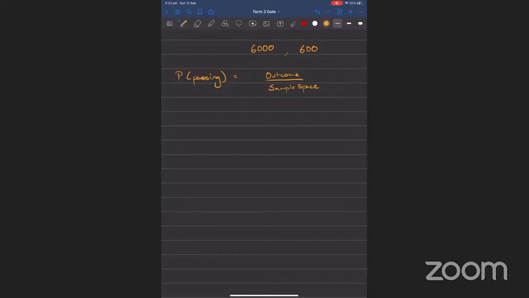So Timothy said it correctly here. Timothy said sample space is the total sum of all possible events, right? So in this question, all the kids that do the test is 6,000. So the probability would be 600 divided by 6,000, and that is equal to 10%.